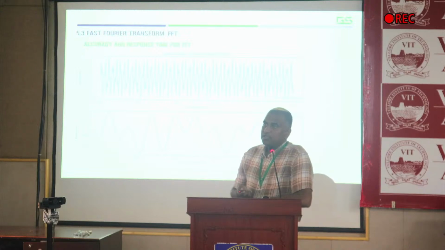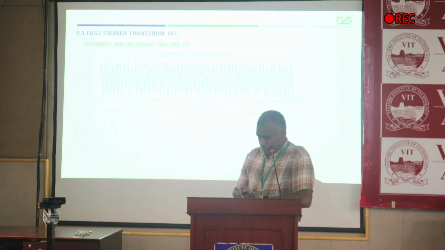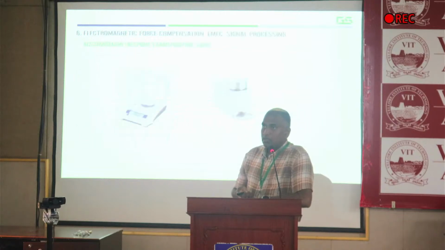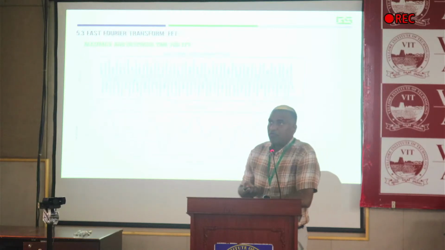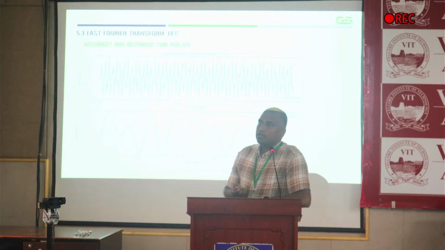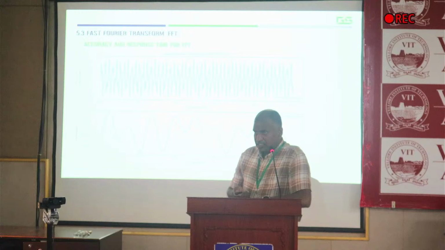Using FFT, we process the signal. This is just sample data and the processed signal, but based on real data, it may be different. Currently, we are working with different machines like these ones.